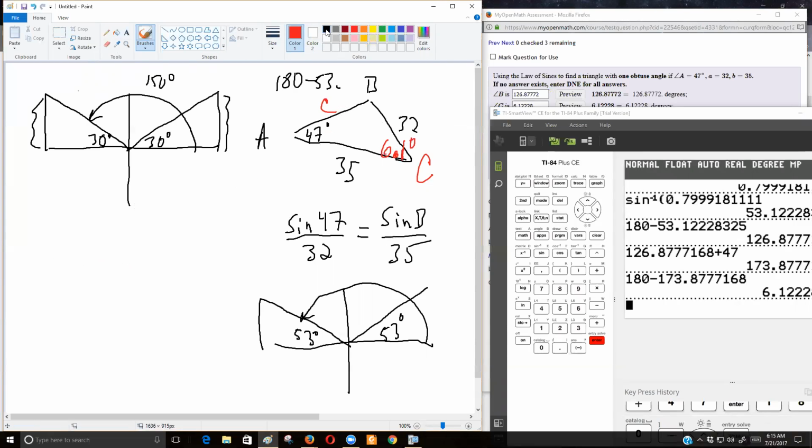Engineers like to use non-calculated values so you don't introduce rounding error, and that's probably pretty sound. So I'm going to use the sine of 47 over 32 that they gave me.